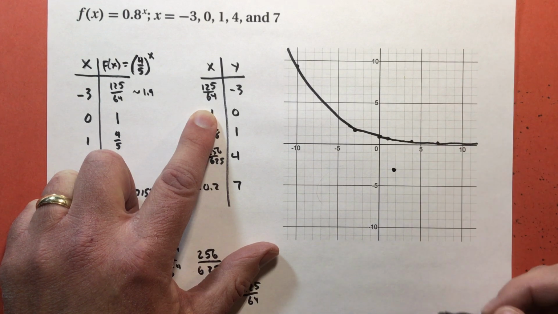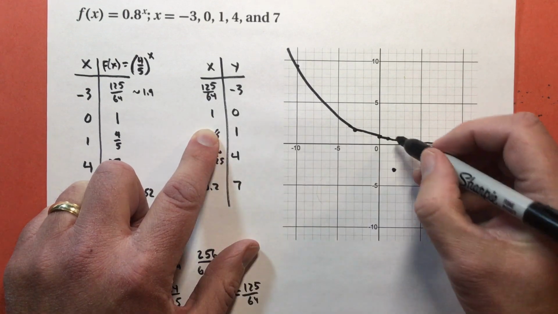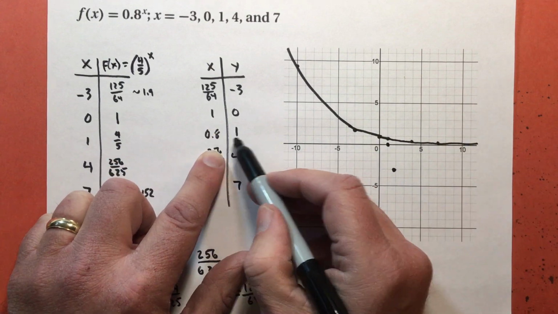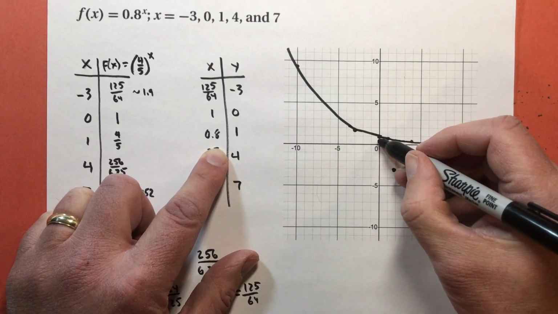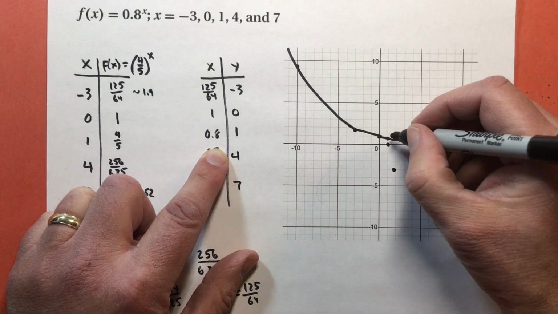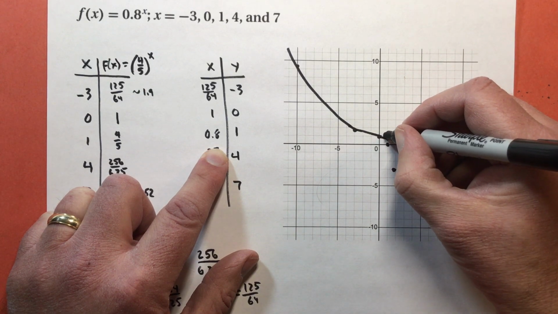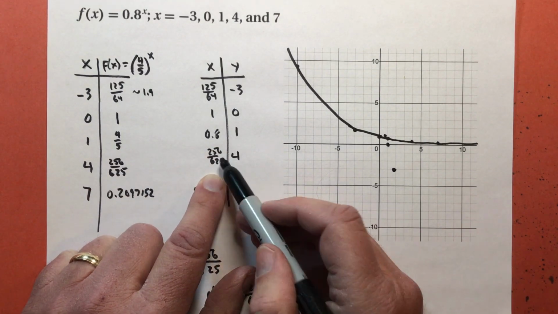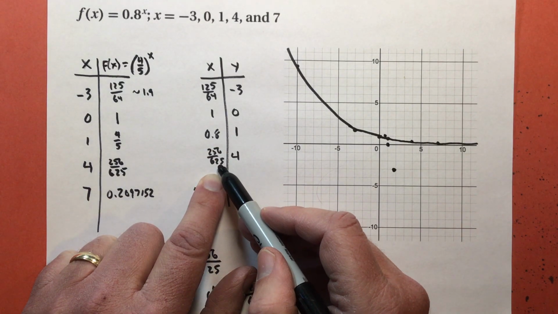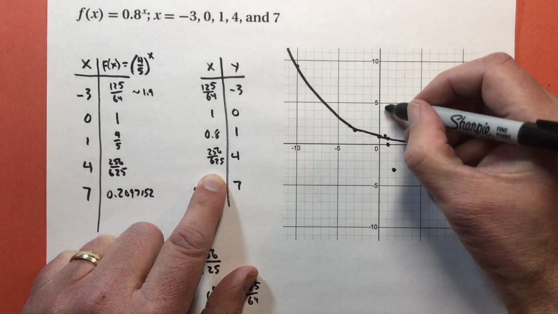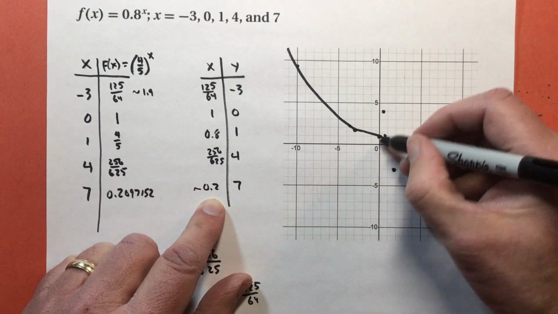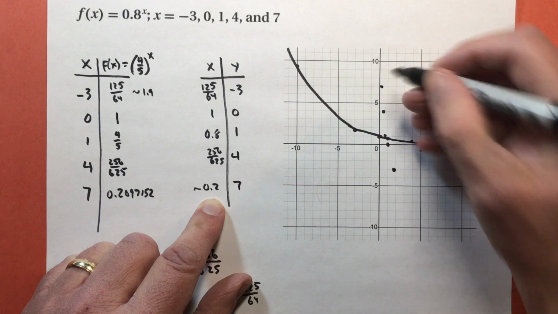That's about right there. 1 gives 0, so I go over 1, 0. 0.8 gives 1, so I'm going to go up, and it gets a little crowded in this area. Remember, this is about 0.4, so I'm going to come over halfway and go up here, and then 0.2 is 7, that's about right here.